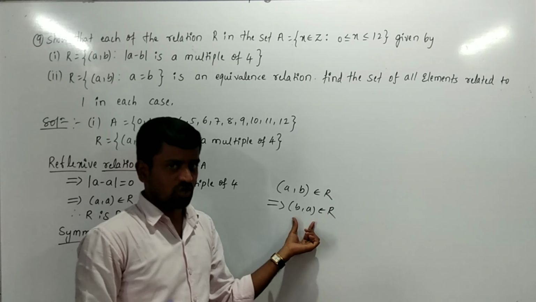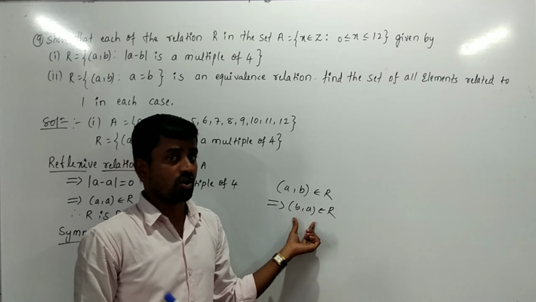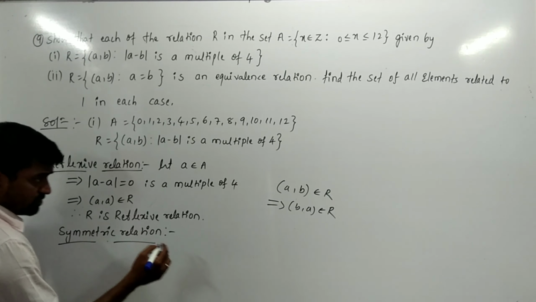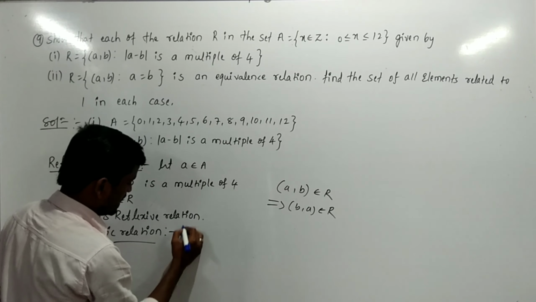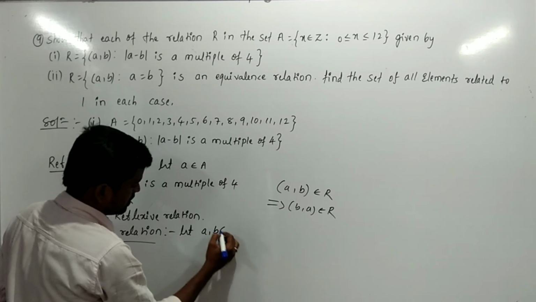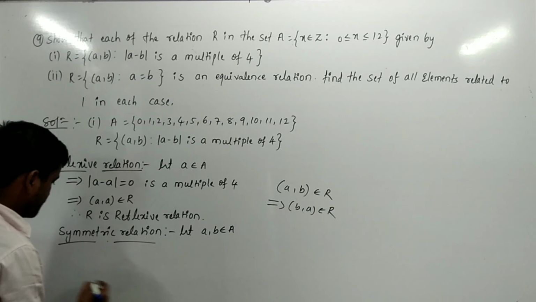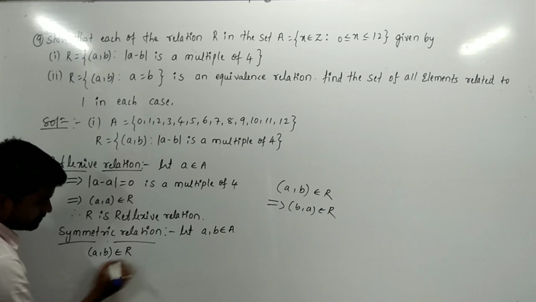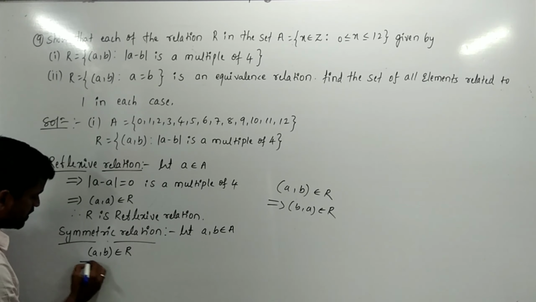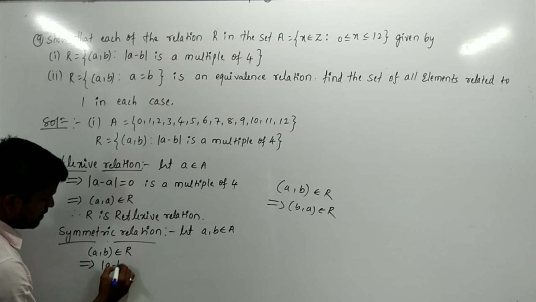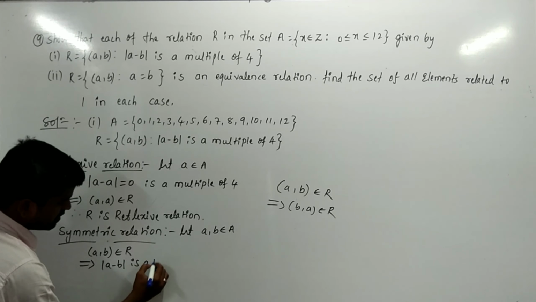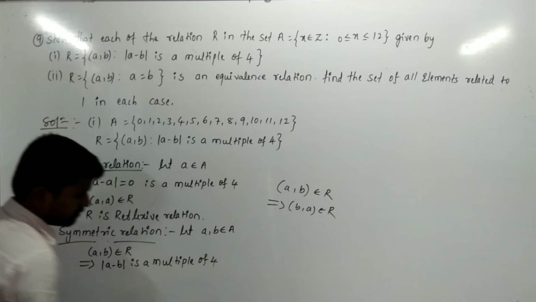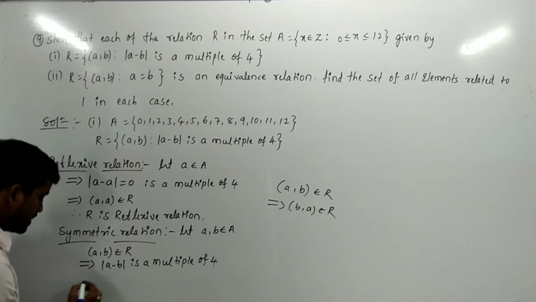For (b, a) to belong to R, what is the condition? |b - a| is a multiple of 4 or not? So we have to prove it. Here there are two elements. Let a, b belong to set A. (a, b) belongs to R implies |a - b| is a multiple of 4. We have to prove the reverse as well.